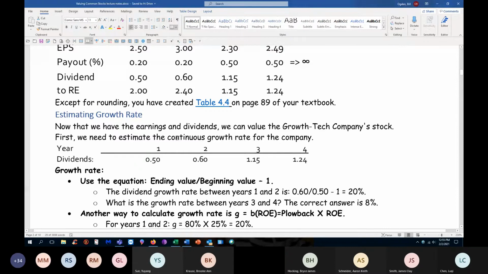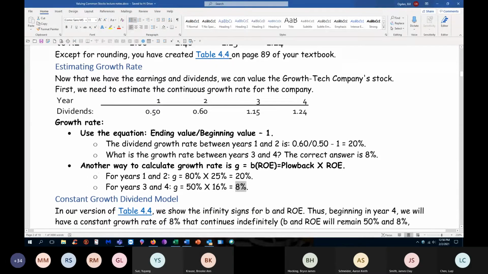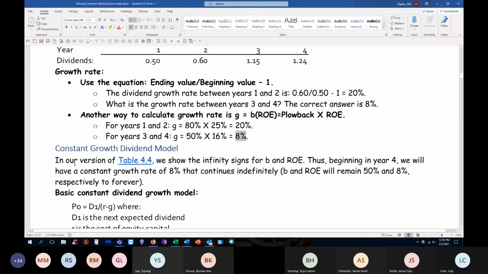Okay, first we need to estimate the continuous growth rate for the company. Okay, and we did that. So we're going to use 8%. Okay, so in our version of table 4.4, we show infinity signs for B and ROE.